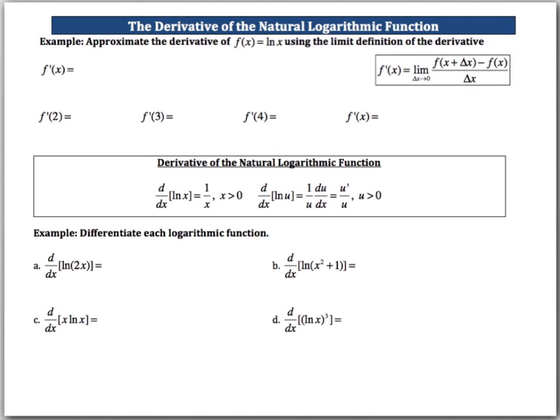Next, we're going to talk about the derivative of the natural logarithmic function. And we're going to do this first by approximating the derivative of f of x equals natural log of x using our limit definition of the derivative.